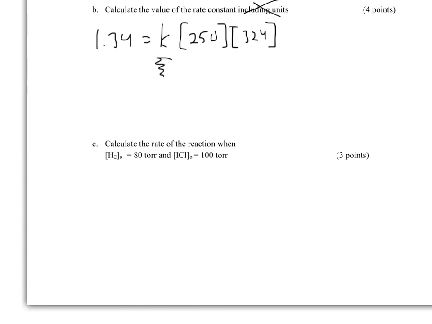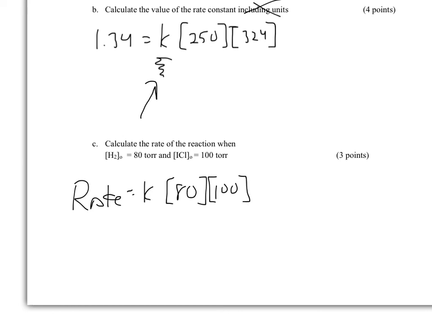In part C, it's saying, okay, now that you have that K, from there, calculate what happens when H2 is 80 and ICl is 100. And so it's asking for that. Again, this is another version of the same problem from the second exam, where you had to determine the rate law, the rate constant, and then the new rate at a different condition.